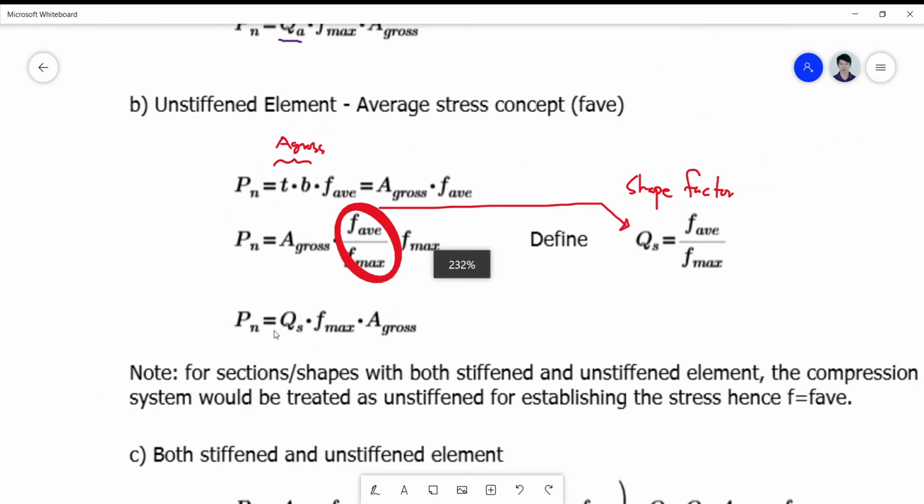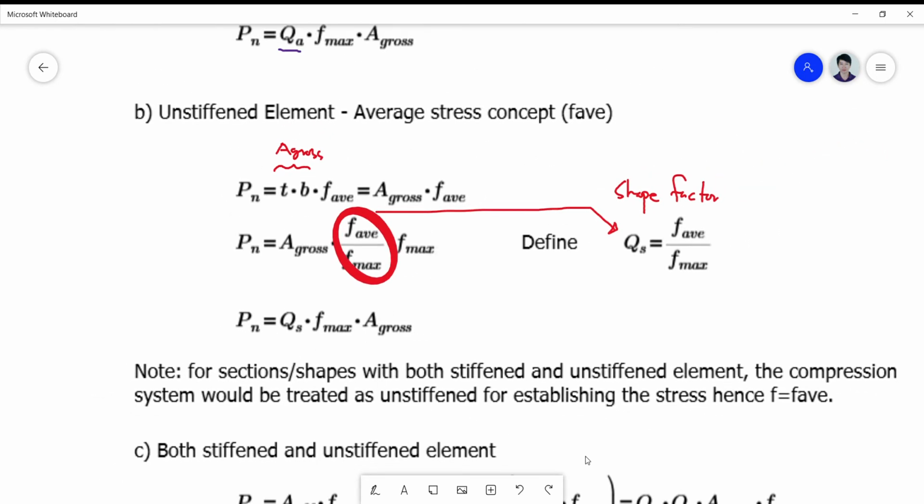Take note that for sections and shapes with both stiffened and unstiffened elements, the compression system should be treated as unstiffened for establishing the stress.